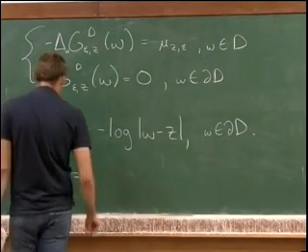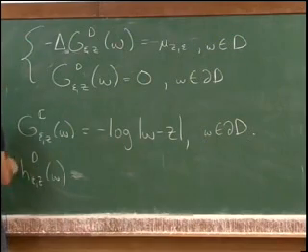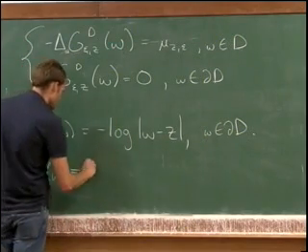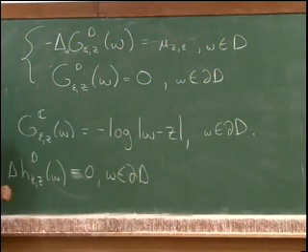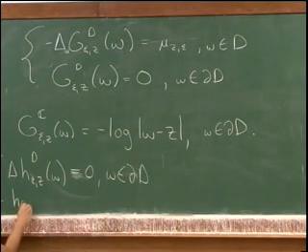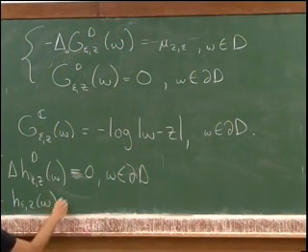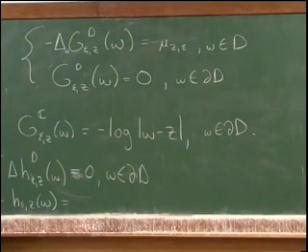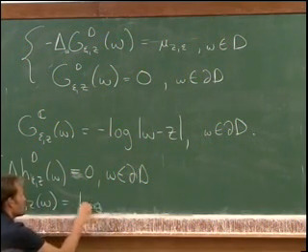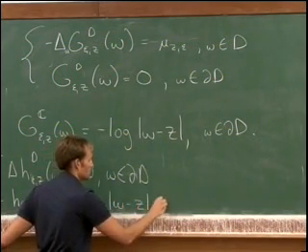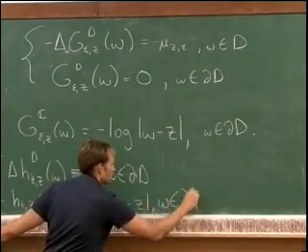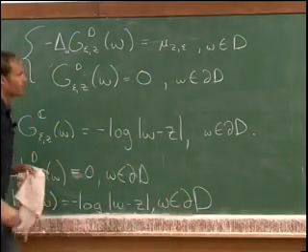This is the function whose Laplacian is 0 inside the domain, and on the boundary its values are the same boundary values, so minus log of w minus z for w in the boundary.